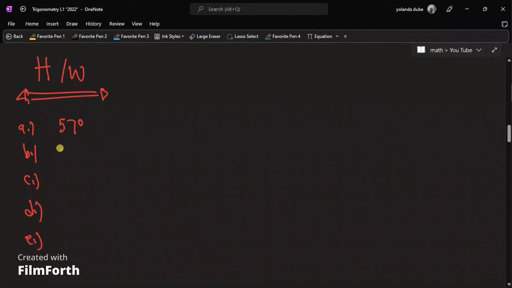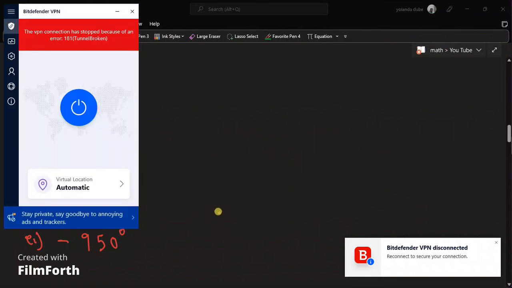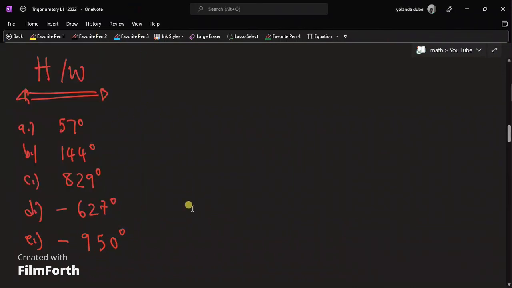You should draw 57, 144, and then 829, then negative 627, then negative 950 degrees. Just try to draw these angles in the same Cartesian plane.